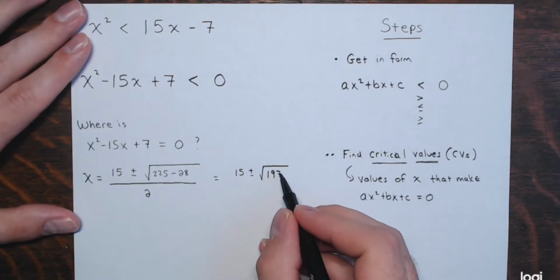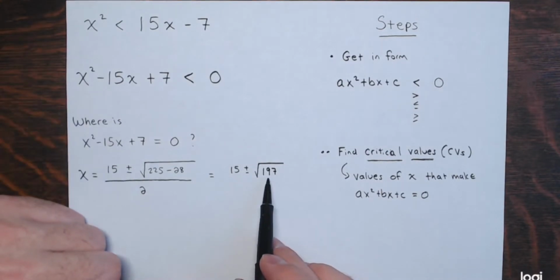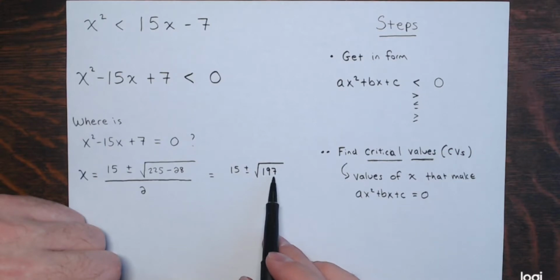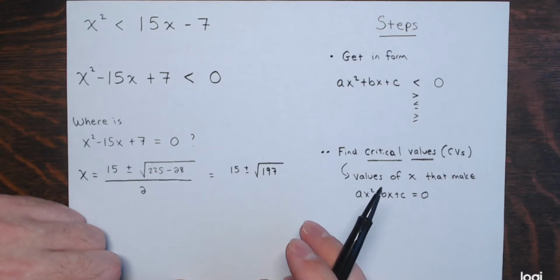And I don't believe that'll simplify any further. Is it a multiple of 2? It's not a multiple of 3. Not a multiple of 5. Not a multiple of 7. Not a multiple of 11.